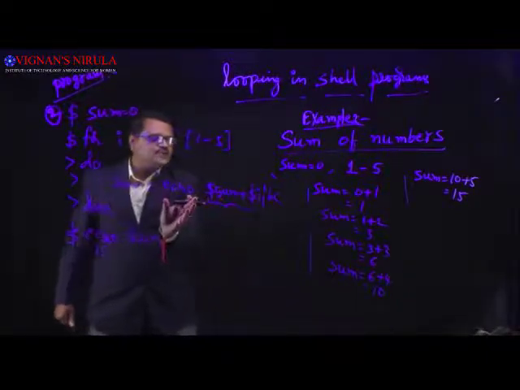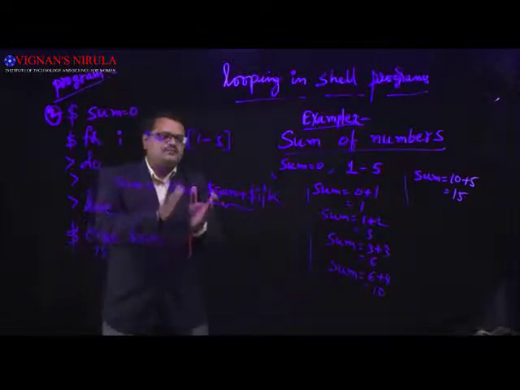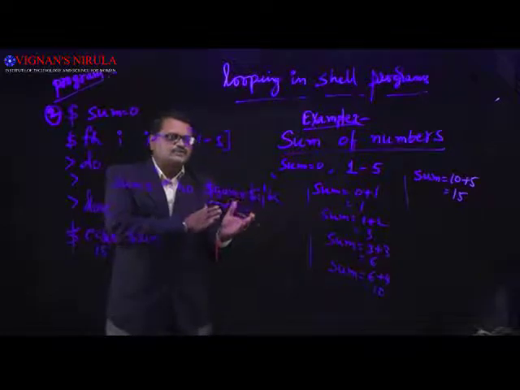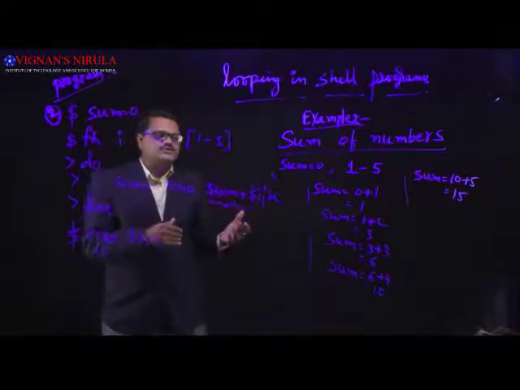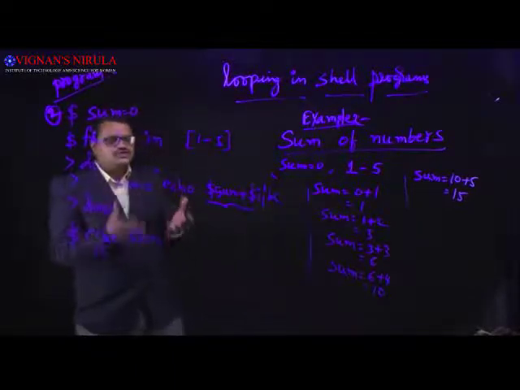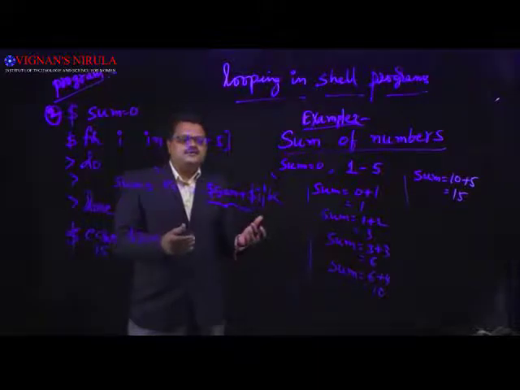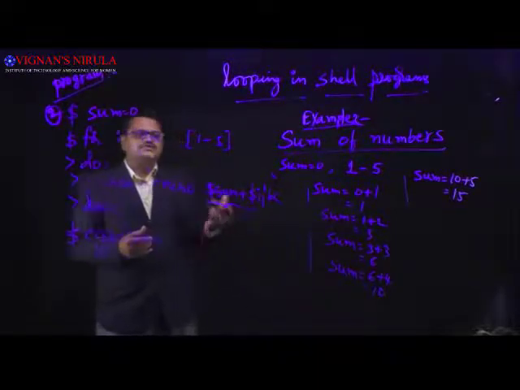Instead of using the expr command, we are using the bc command. We are doing the sum of two numbers: sum plus I, where I is the current value and sum is the previous sum. We store the sum and add it to the present number, so whatever value we get at each iteration is what we keep.